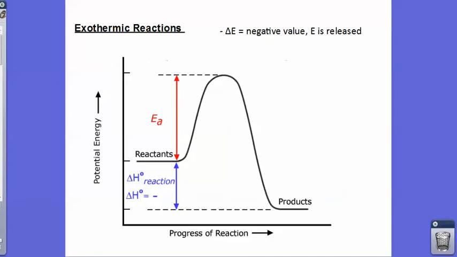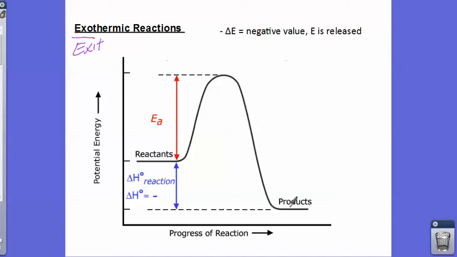If we go back to look at an exothermic reaction, exo, you can think of exit, meaning energy is leaving the reaction. So a negative energy is indicating that energy is released. It's set up very similarly to an endothermic reaction, except now our reactants have a higher energy than our products.